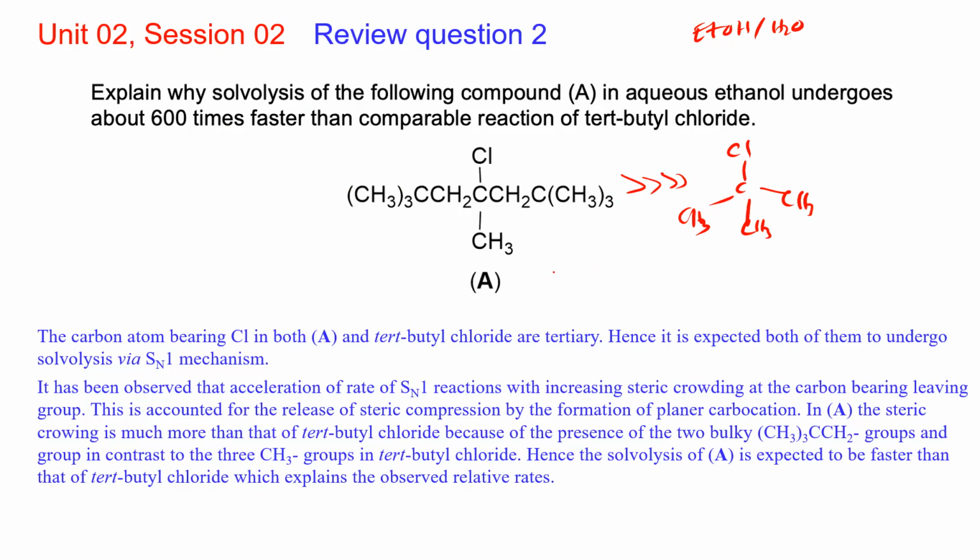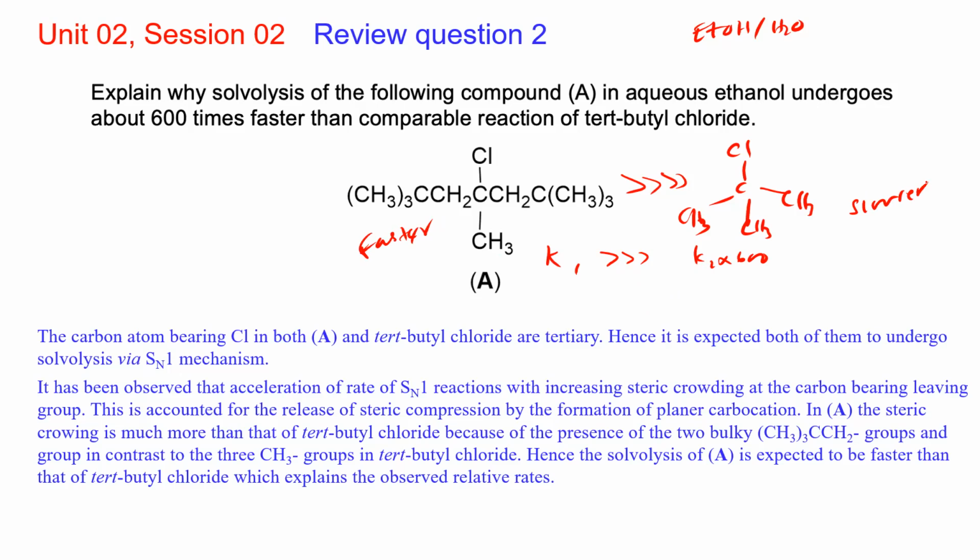So if you compare the rate constants, this will be K1 and K2. K1 will be about 600 times faster, that's what they say. So the solvolysis of this compound A is much, much faster than the reaction of tertiary butyl chloride, the same solvolysis.